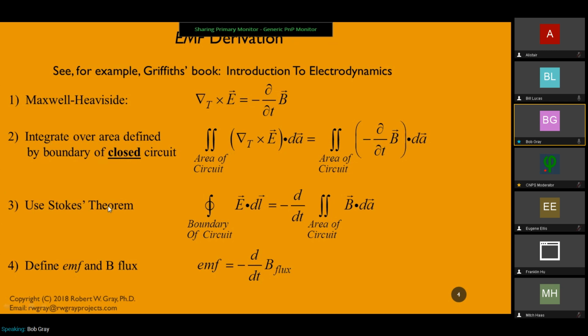It's a closed circuit. Then there's the application of Stokes' theorem on the left-hand side, which changes this integration over the area to an integration around the boundary of the circuit. That on the left is then defined as the EMF, and on the right is the time derivative of a magnetic flux through that area.